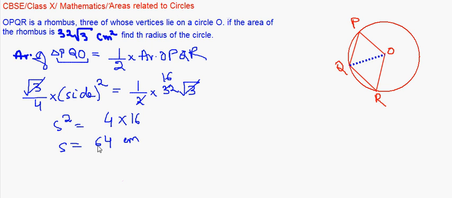The square root is 8 centimeter. So the radius of this circle is 8 centimeter.